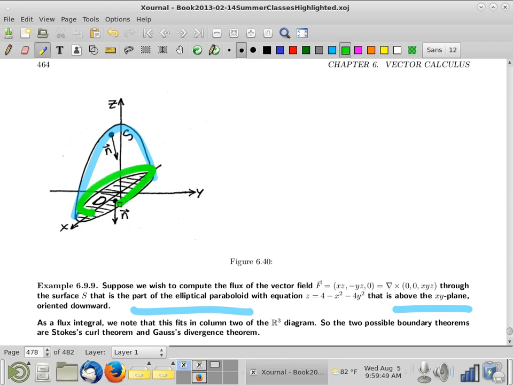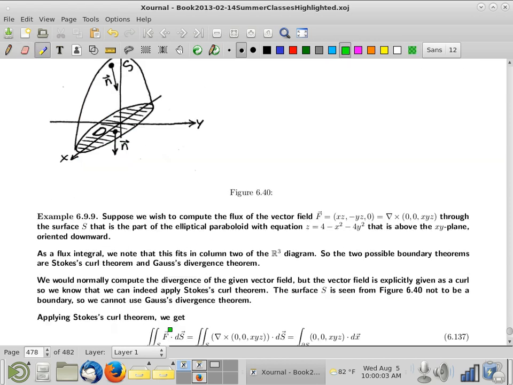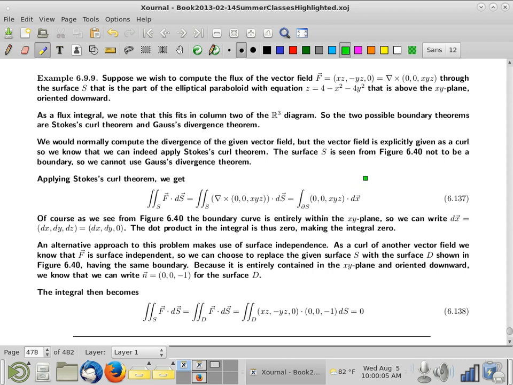About the orientations, given the fact that this surface is oriented downward, it's going the other way. And so there's the line integral that I need to compute.